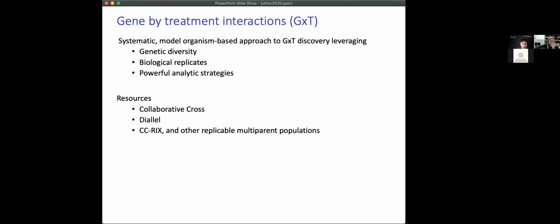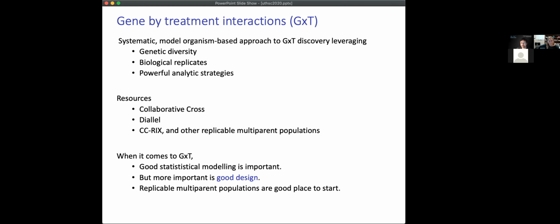The resources I talked about were the collaborative cross, the diallel, and other populations derived from the collaborative cross. The take-home message I want to pass on to you is that when it comes to gene by treatment interactions, good statistical modeling is important, but more important is good design, and that replicable multi-parent populations are a good place to start.